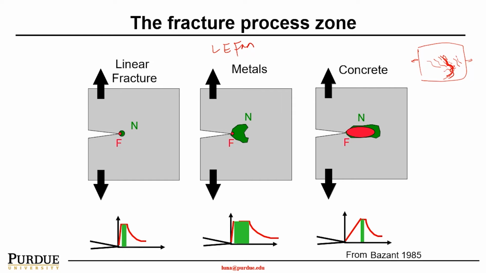So therefore, we need some new theories, such as in this slide showing the fracture process zone, FPZ, which becomes important. This fracture process zone will work as a bridging zone between the cracked region and the uncracked region.